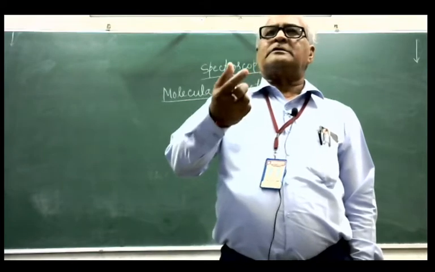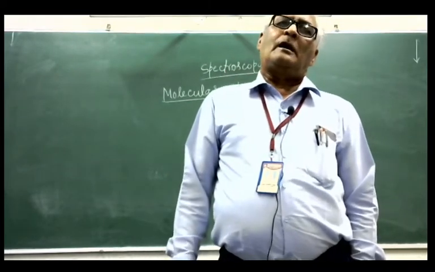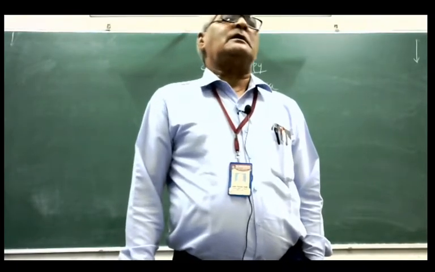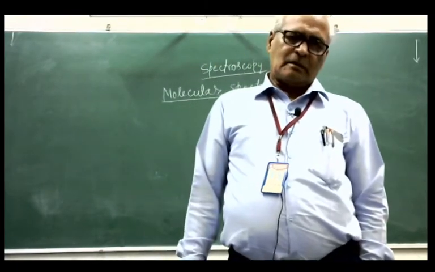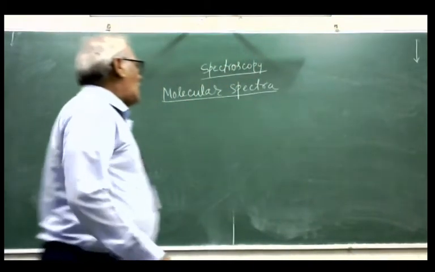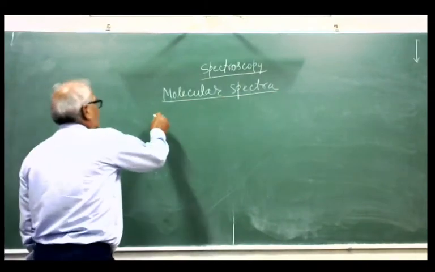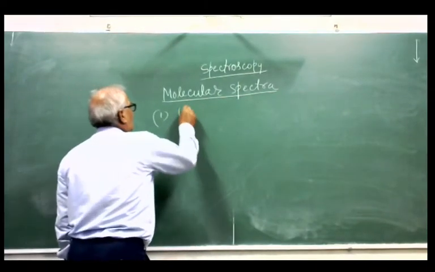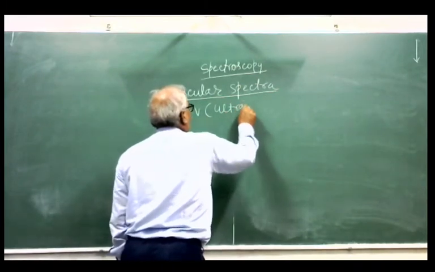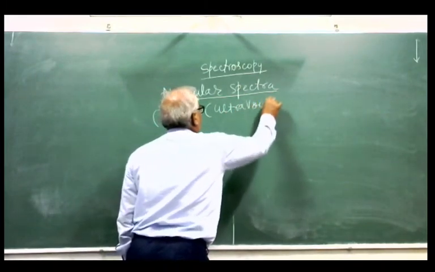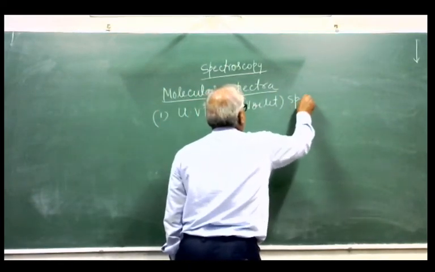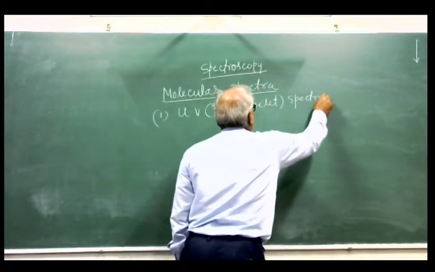So there are different types of spectroscopy methods. For example, UV means ultraviolet spectra.